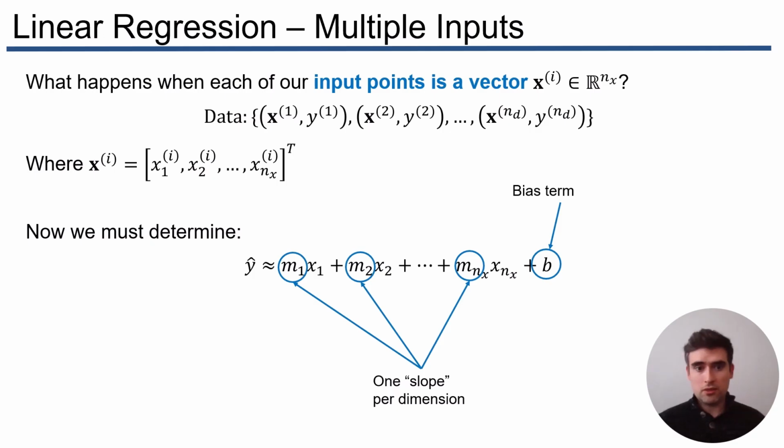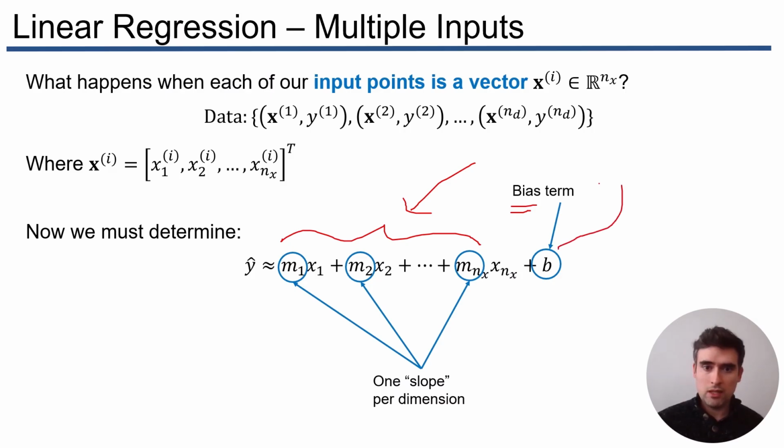Intuitively, this is like finding the slope for every descriptor that I have, plus the bias term. Here I've changed a bit of notation. Generally, I used to call this the intercept, and now I call it the bias. This is because in machine learning, generally we call this extra term the bias term, but I might use them interchangeably and they mean exactly the same.